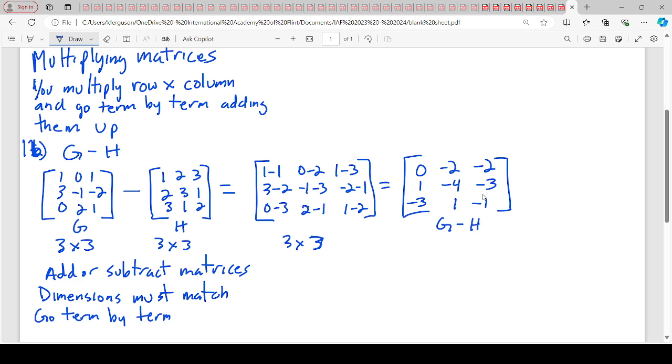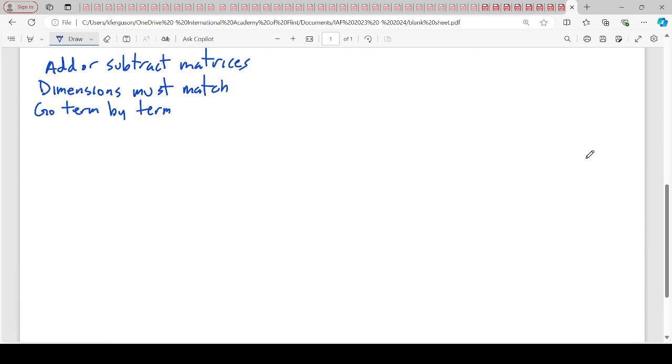All right, so let's see what we got next. Okay, so next we got 1C, C times W. Now remember, with matrices, order matters.